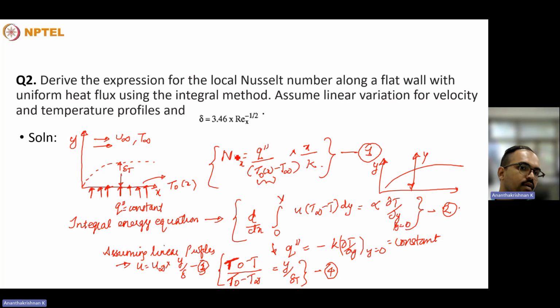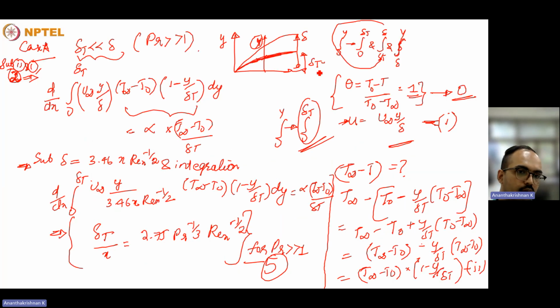So we take both the cases, and for different cases, we calculate the value of the delta. We calculate the value of the velocity profile. In certain cases, when delta is very much greater than delta t, we can't assume a velocity profile as such. The velocity profile within delta t, the thermal boundary layer, can take a linear form with respect to the free stream as well as the wall velocity, that is 0.